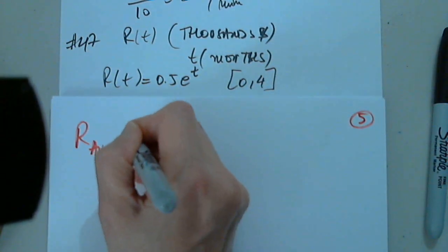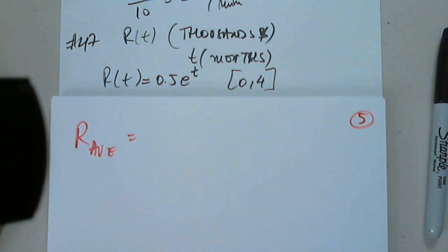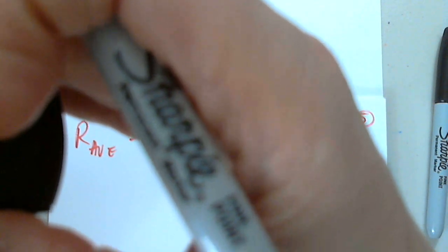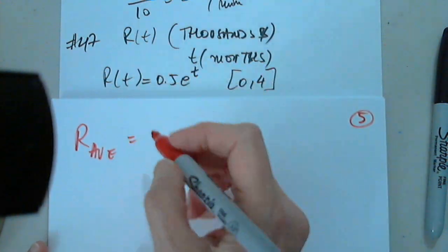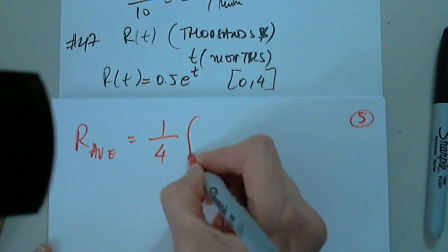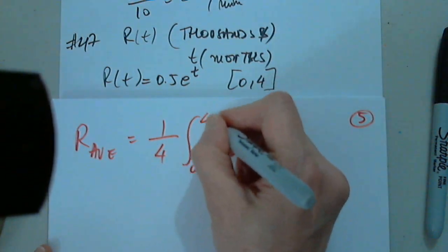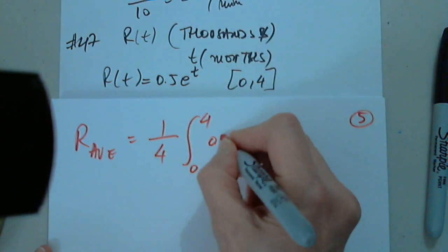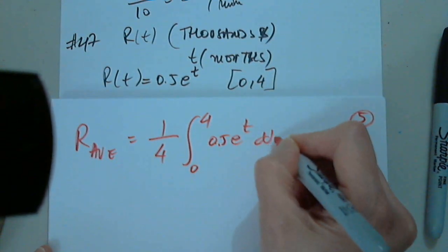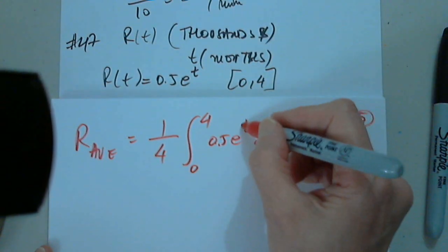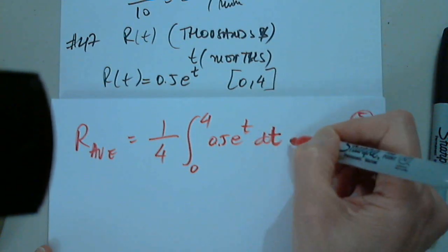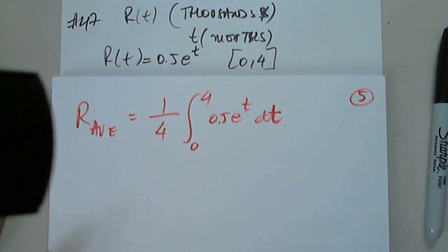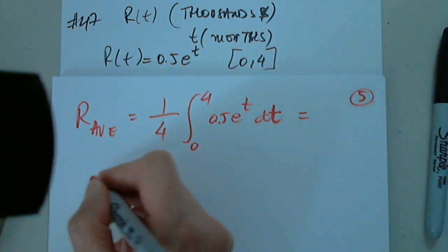Our average is, can anyone dictate how we write it? One over 4, the integral from 0 to 4 of 0.5 e to the t dx. However, if the function is given in t, we have to write dt. Perfect. So I will move 0.5 outside.